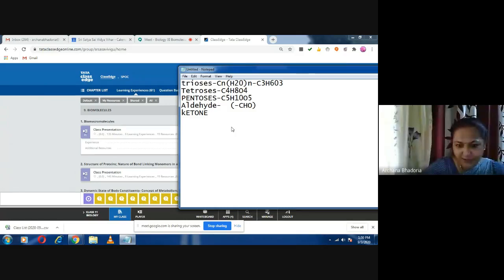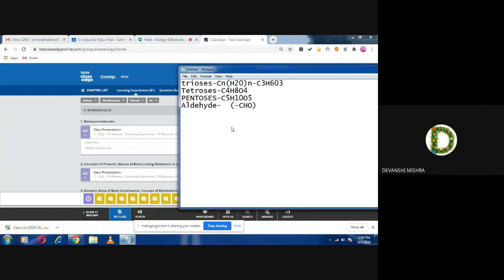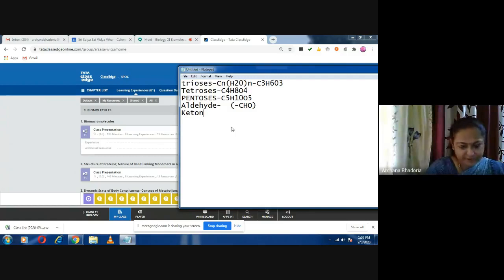And what is the functional group of the ketone? I don't know whether you all have studied this or not. Anyone? Think further. It is CO. This is the ketone group. So among the sugars we are seeing, fructose is a ketose sugar and glucose is an aldose sugar.